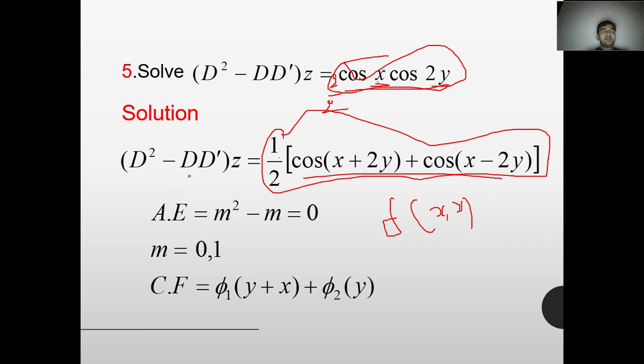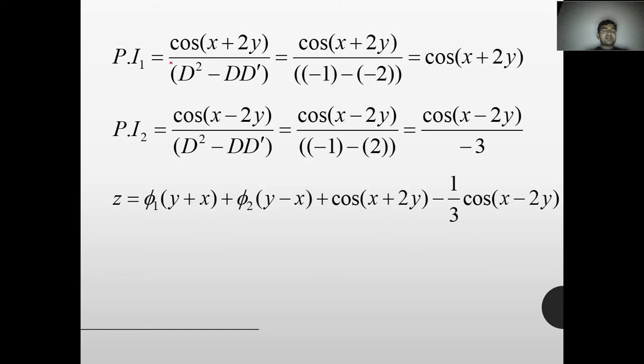So here we have to find particular integral. We take this as particular integral 1 and this as particular integral 2. So particular integral 1 is equal to cos x plus 2y upon d square minus d dash, is equal to cos x plus 2y upon.